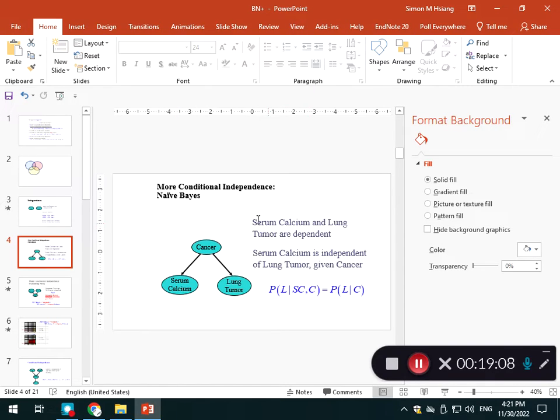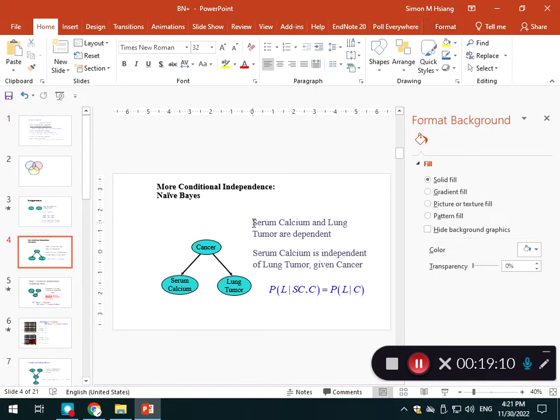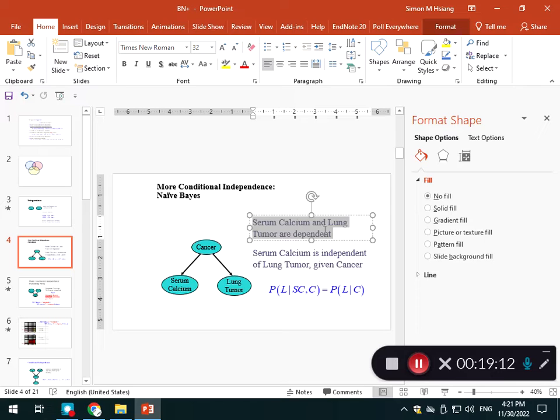So we know that serum calcium and lung tumor are usually highly dependent. However, if I know the cancer information, I can pull that cancer information out. Then this one is independent of this given cancer.